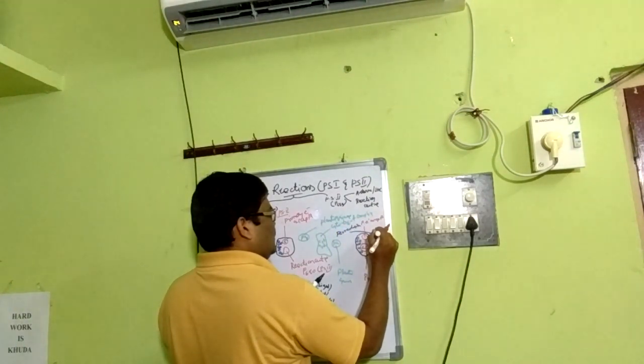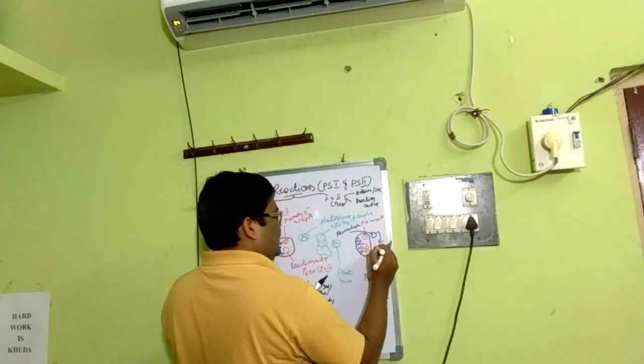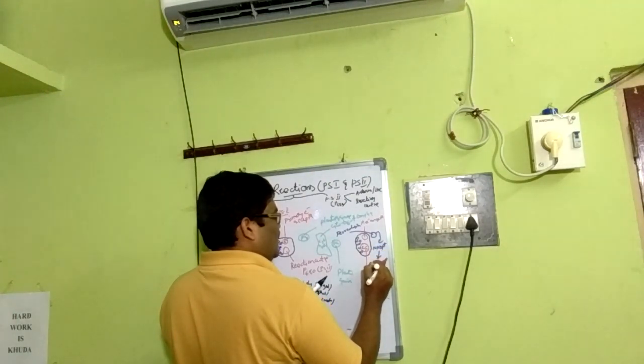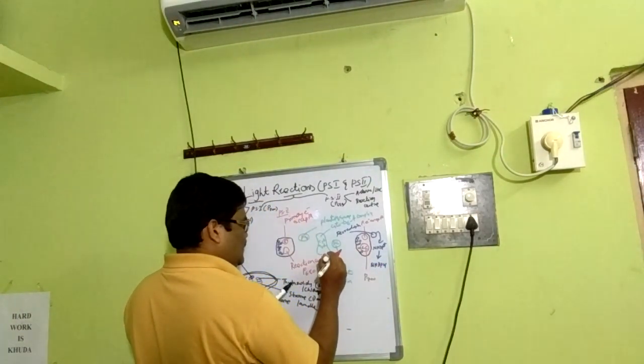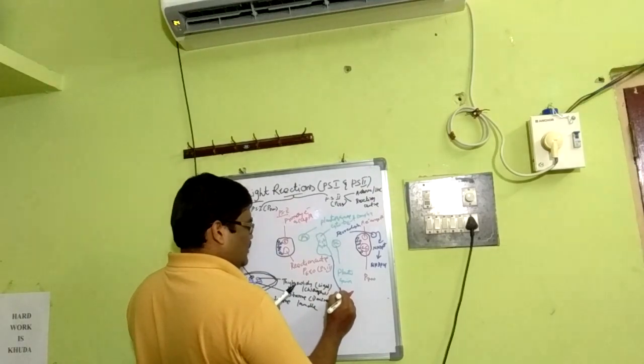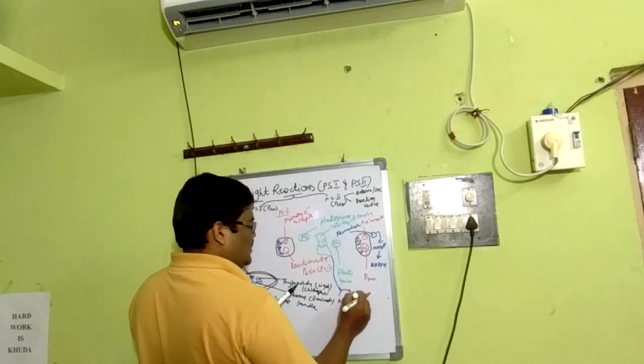Then, for understanding I am drawing here, NADP plus leads to NADPH. Here the reaction will be ADP plus Pi to ATP.